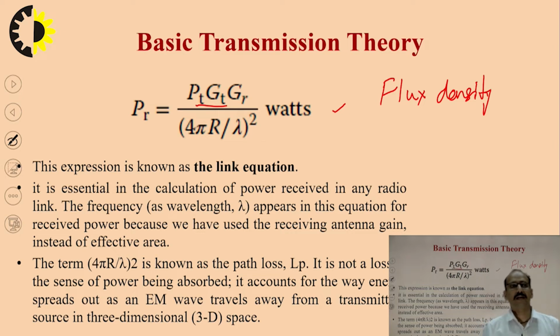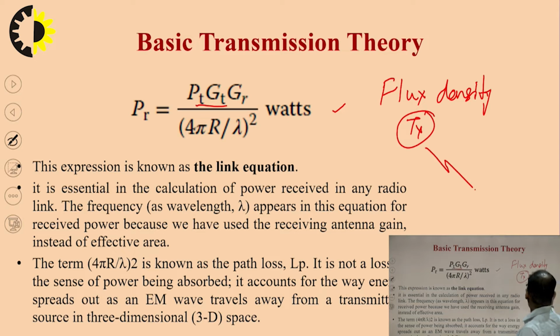At the receiver side, we have GR, the gain of the receiving antenna, and (4 pi r upon lambda) whole squared, which gives us the path losses. So this satellite link equation gives the complete information between the transmitting antenna, the path and the earth station.